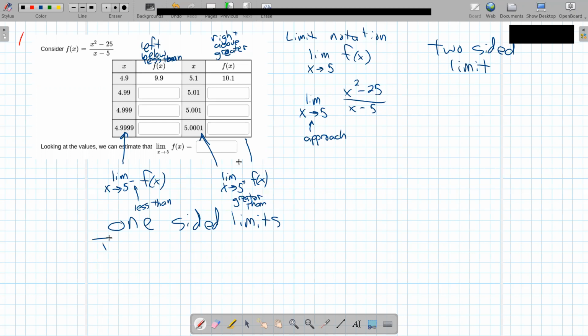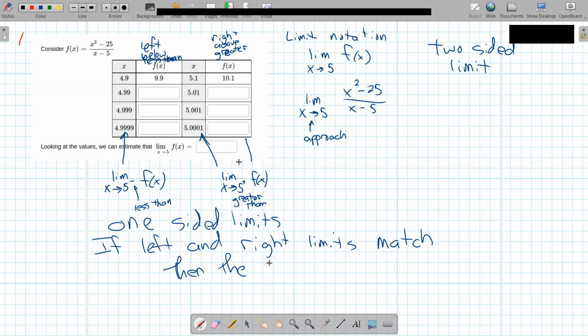So if the left and right limits match, then the two-sided limit has a value. Otherwise, the limit doesn't exist if they don't match. The two-sided limit only exists if the left and the right agree with each other.